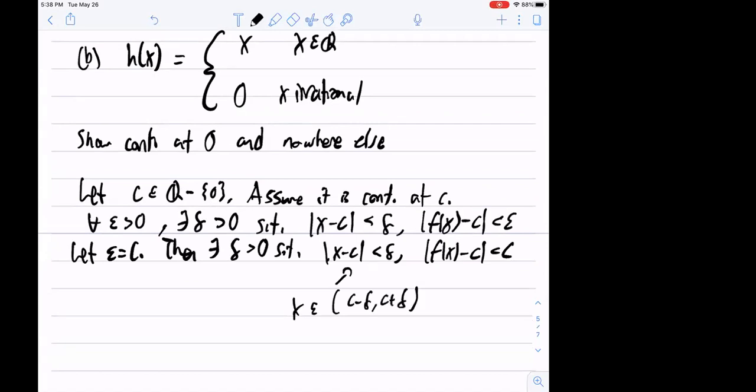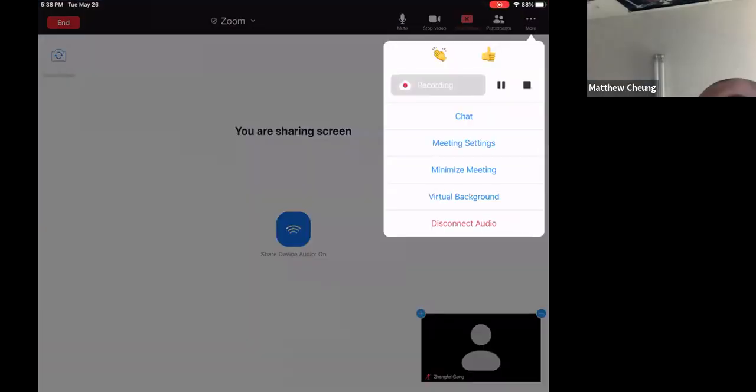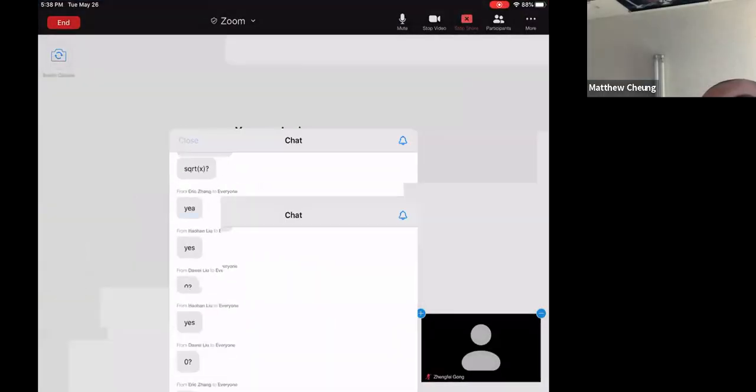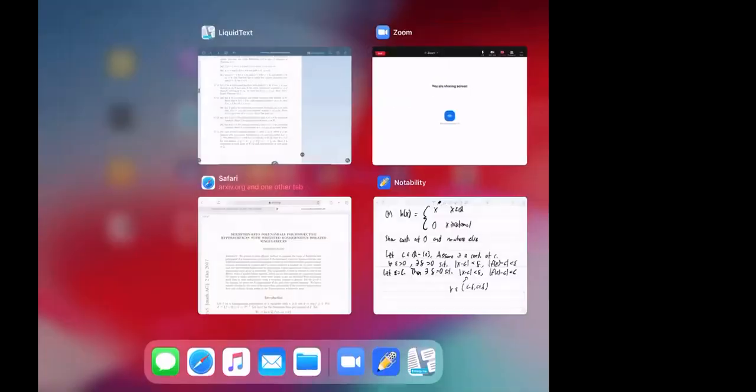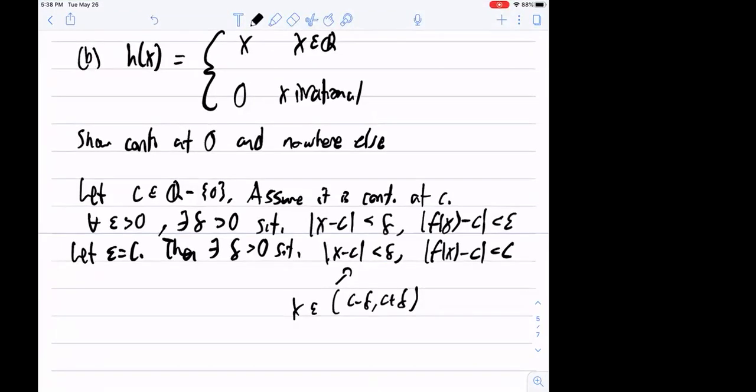What's the next step? Hopefully you all see this. What am I choosing my x to be? I'm going to choose an irrational number r in the interval.